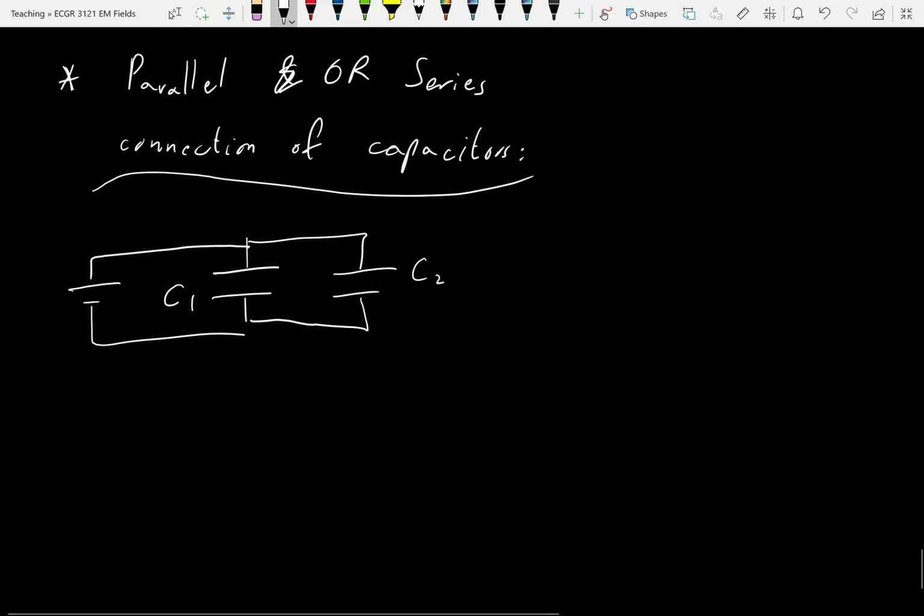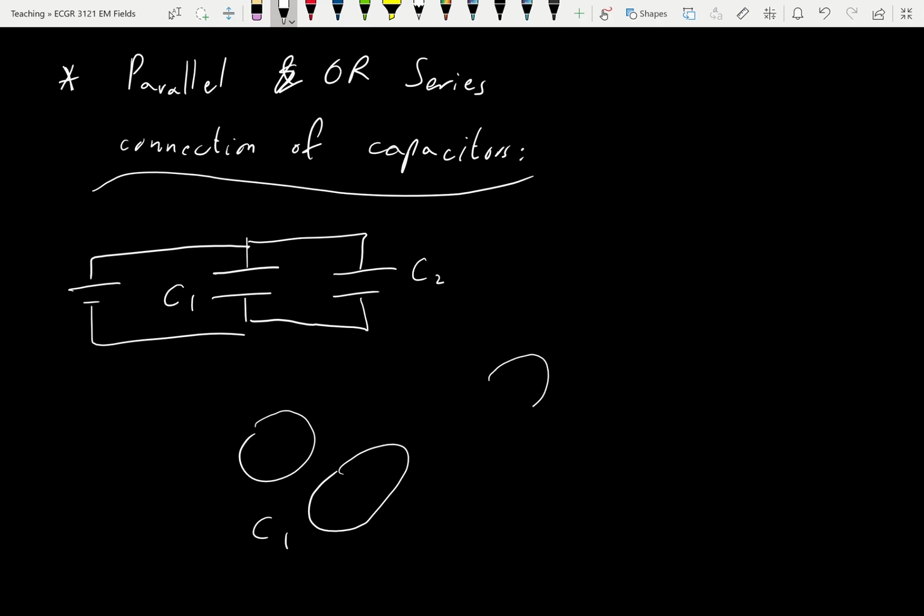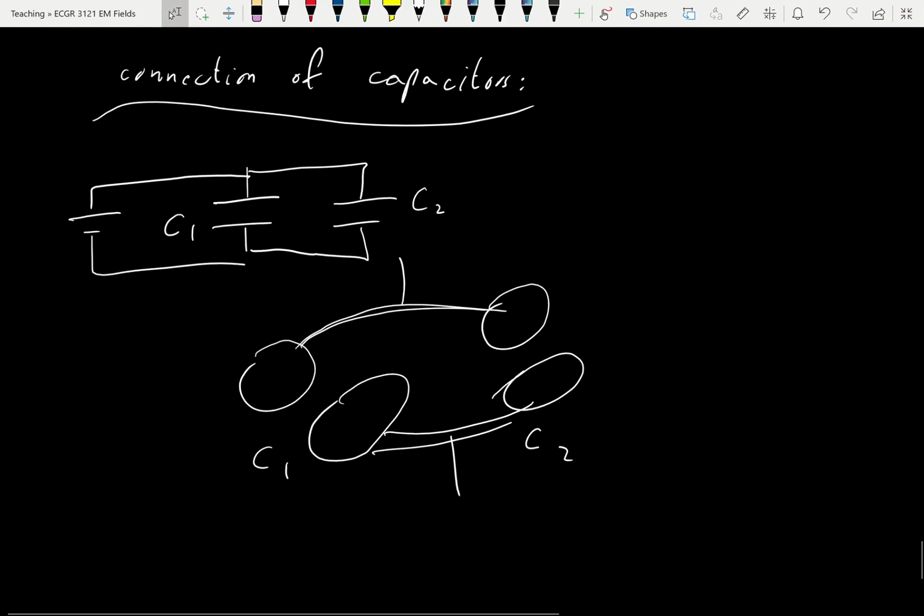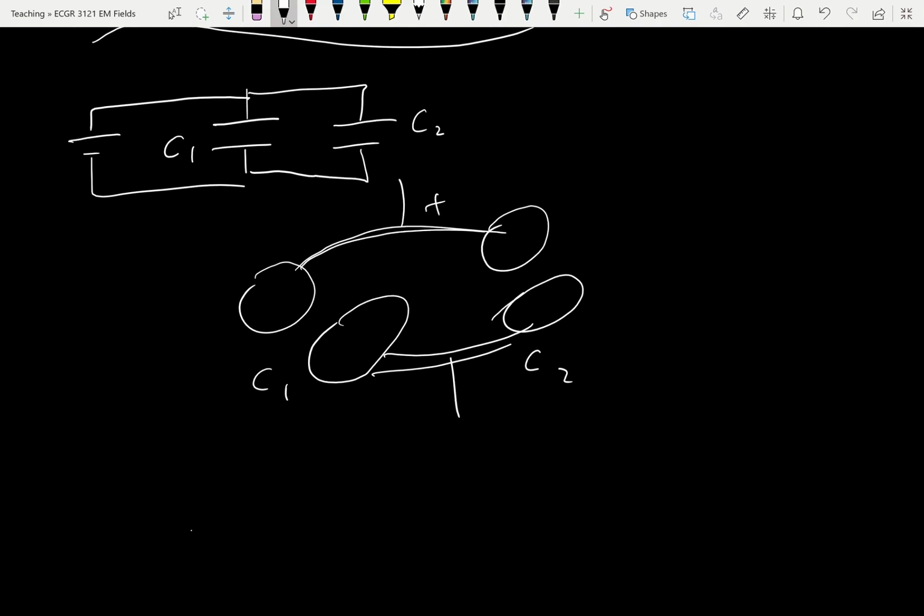Another way of drawing it: I have this structure with a certain capacitance, and then the other structure with another capacitance, and then I have a conductor wire connecting those two structures. I can talk about the equivalent capacitance. So this is the voltage between the two. And it's very easy to find what the equivalent capacitance is.